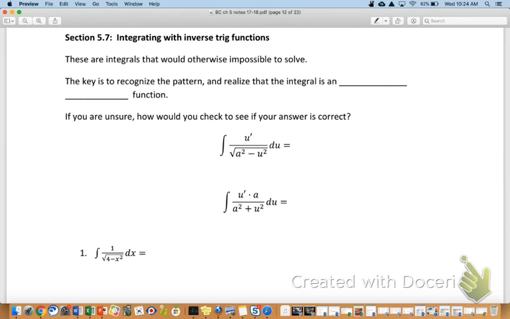Integrating that involves inverse trig functions. These are integrals that, using our current skills, you wouldn't be able to do. So we have to introduce new lines of thinking. And I think one of the keys is to recognize the pattern. The pattern is leading to an inverse trig function.